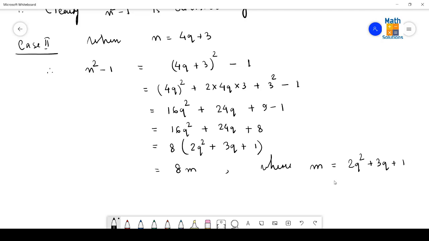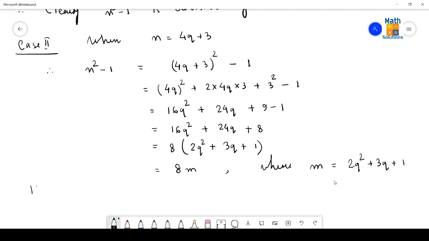So what we wanted to prove, we had already proved, because in case 1 also we got that n square minus 1 is divisible by 8, while in case 2 also we got the result 8 into something for n square minus 1, which shows that it is further divisible by 8 in case 2 also.